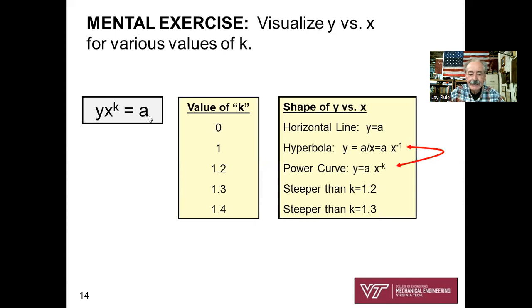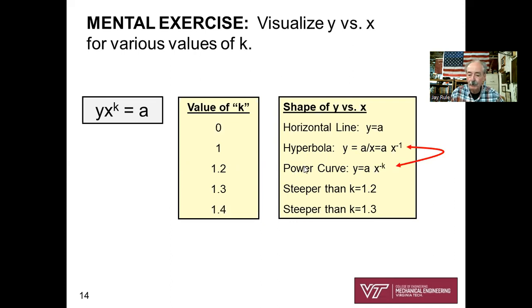Okay, when k is 0, y times x to the 0 equals a. What's x to the 0? That's 1. So y equals a. It's a horizontal line. Okay. Think about that a little bit. Okay. When k is 1, yx equals a. That's a hyperbola. Just covered that. When k is 1.2, well, that's going to be a power curve. It's going to be a little steeper for low values of x.